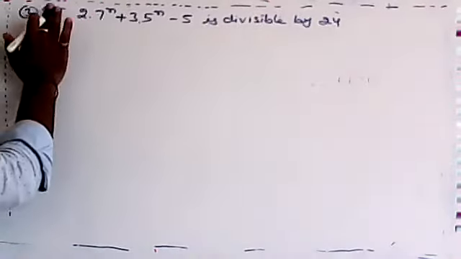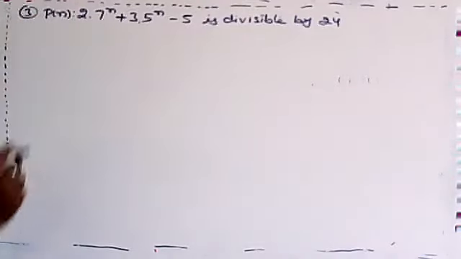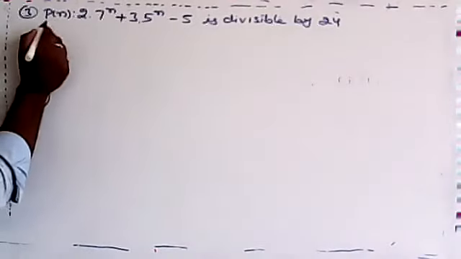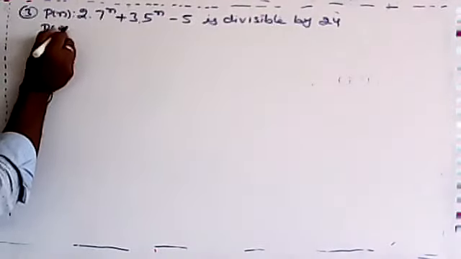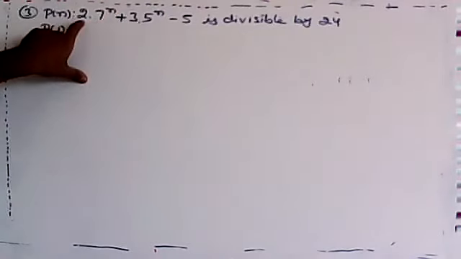So first, as I said, we'll consider this as P of n. Quick, tell me, what is P of 1? 7 to the power of 1 is 7. 7 into 2 is 14.